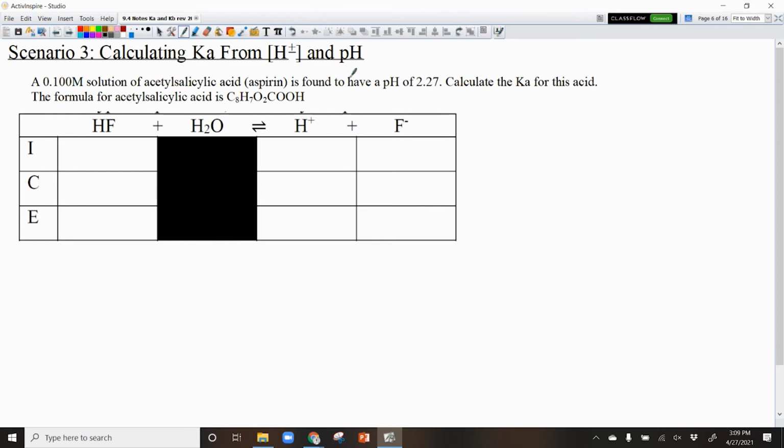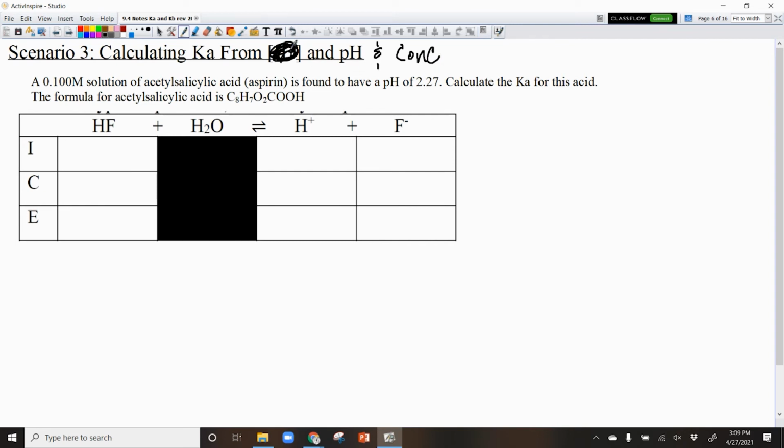All right, scenario 3, we're calculating the Ka and we're given pH and, this says H, that's not true. We're given pH and concentration.